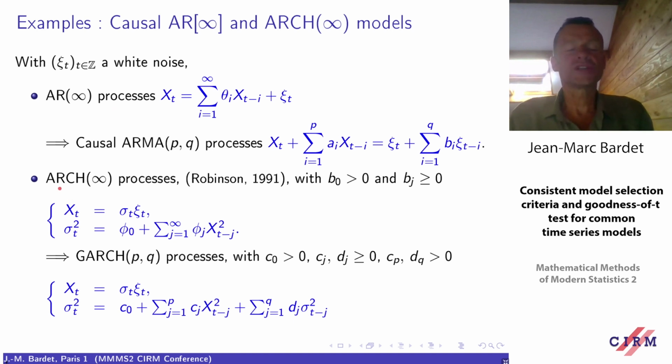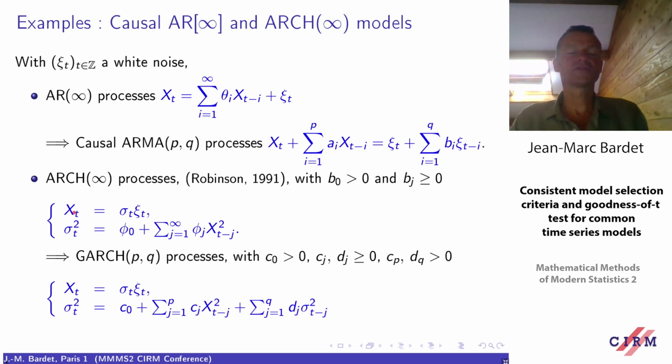Another more general family of time series is the family of ARCH infinite processes, which were introduced by Peter Robinson in 1991.